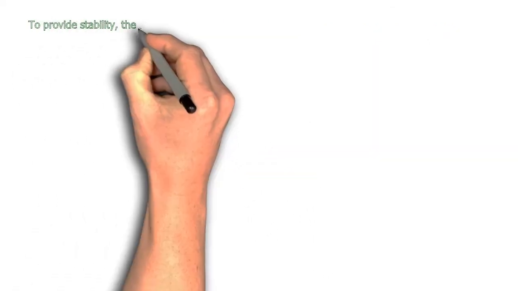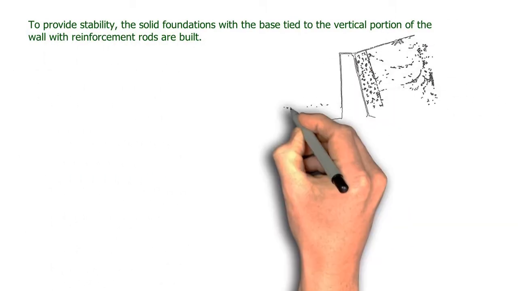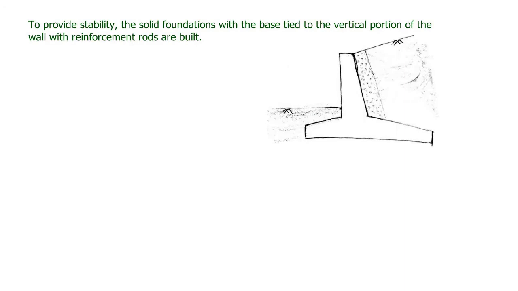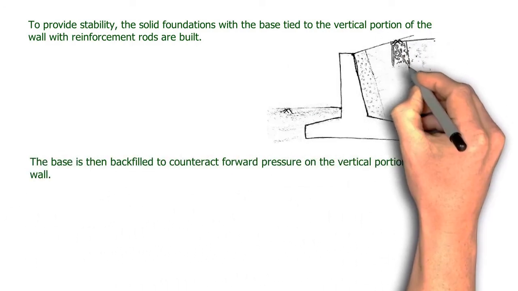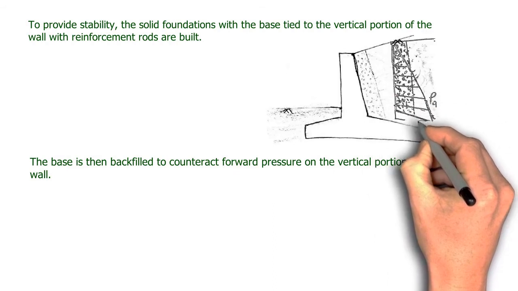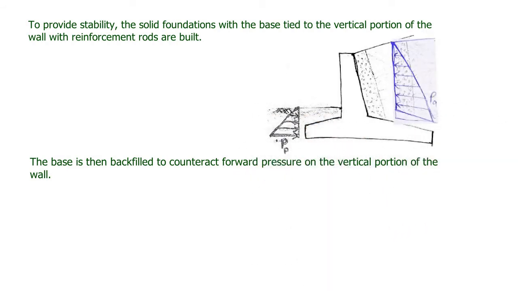To provide stability, a solid foundation with the base is tied to the vertical portion of the wall with reinforcement rod, and these are backfilled to counter forward pressure on the vertical portion of the wall. And the figure shows active pressure and passive pressure on the retaining wall.